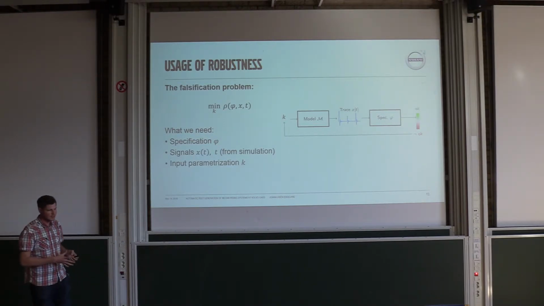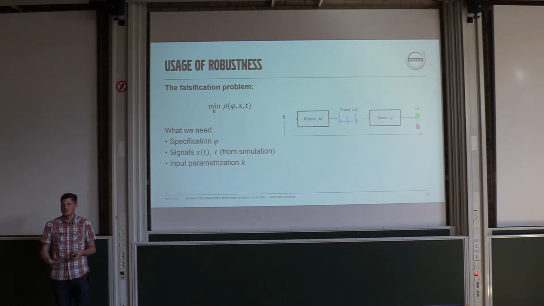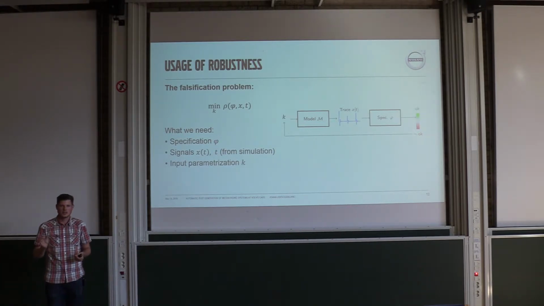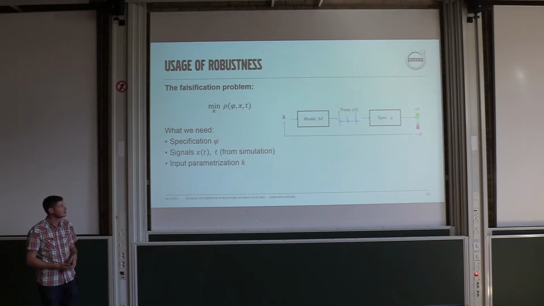Because the basic assumption is that we can't check every simulation or every configuration because that would take infinite time. We can't formally verify it. So we're trying to find examples where our specifications are not fulfilled, and then we have to change our code to fix these issues or bugs.